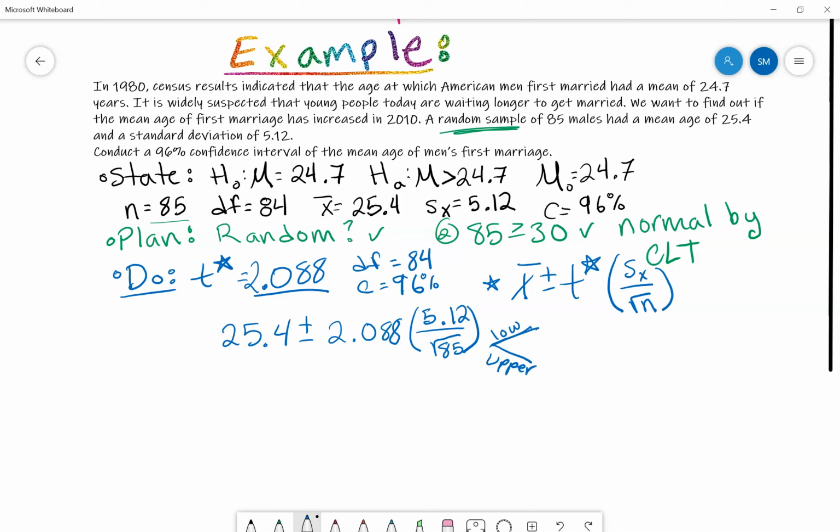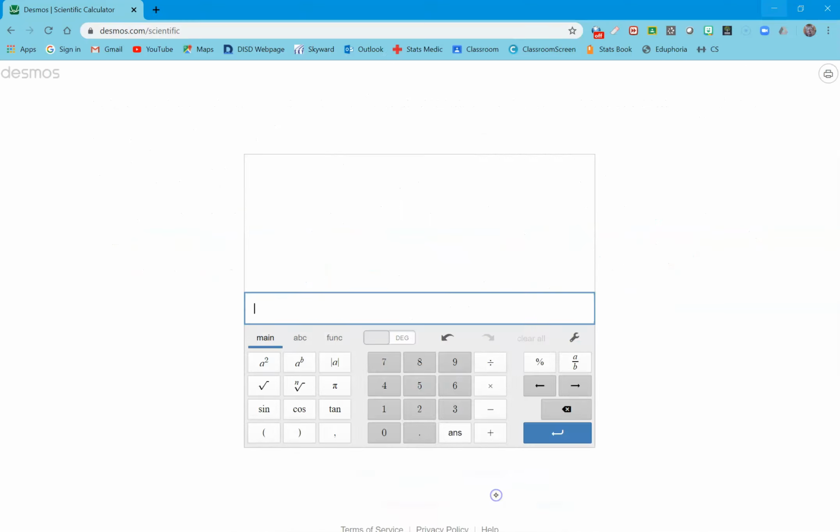Many of you do not have an Nspire at home, so you're going to use Desmos, that online scientific calculator, and we're going to type it in. So we have 25.4 plus 2.088 times the fraction of 5.12 divided by the square root of 85, and that gives us 26.559.